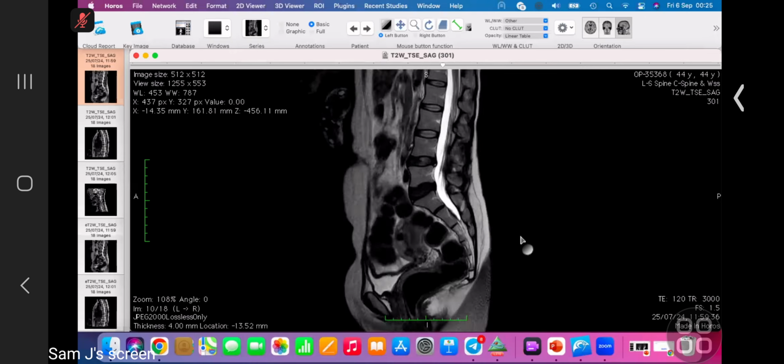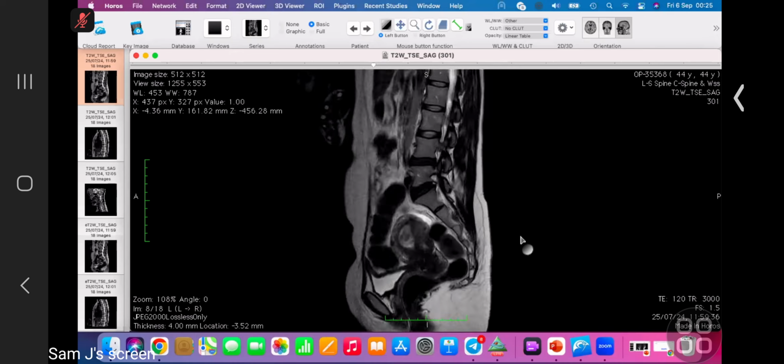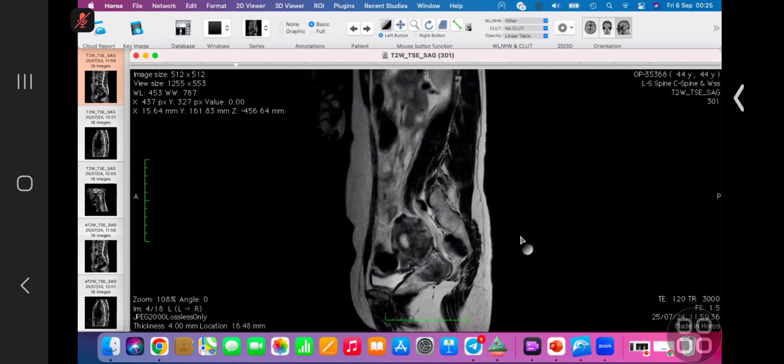I didn't see any obvious abnormality within the lumbar vertebrae, apart from dehydrated disc seen at the intervertebral disc space L5 and S1.